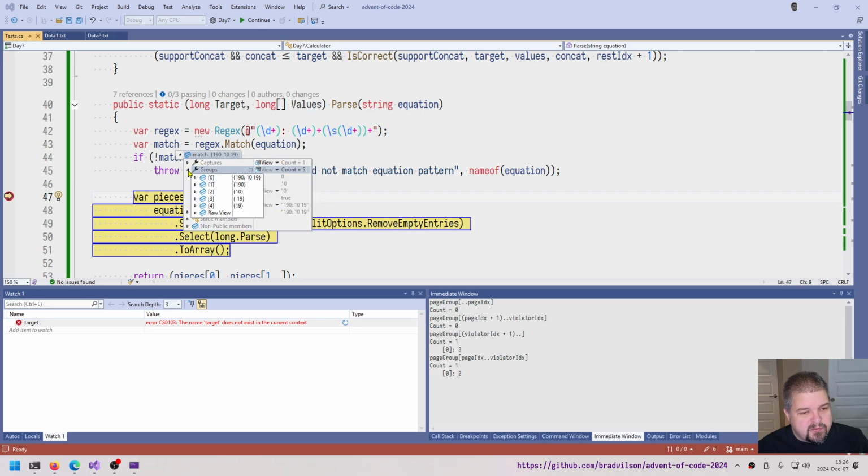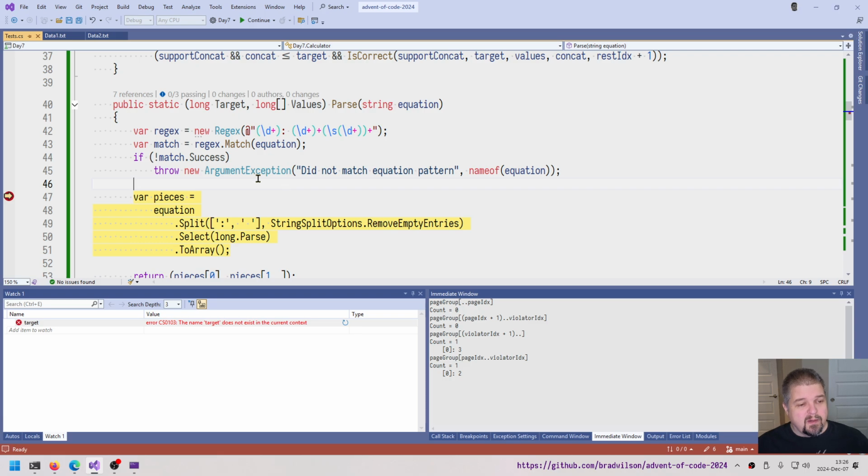So for groups, right, group 1 is going to be our target. Group 2 is our first value, so that's 10. And then group 4 is going to be our values for the right-hand side. So we need 1, 2, and 4.